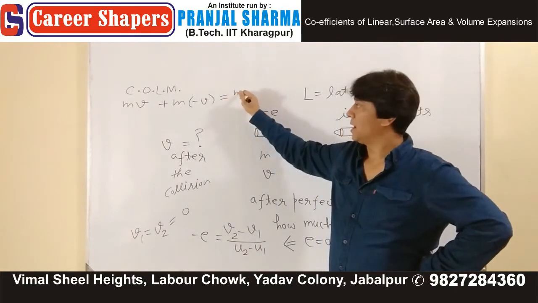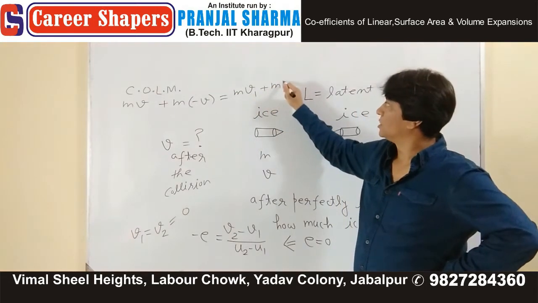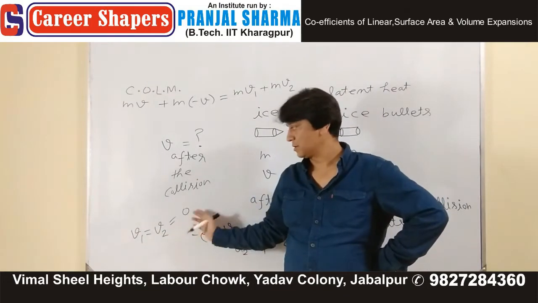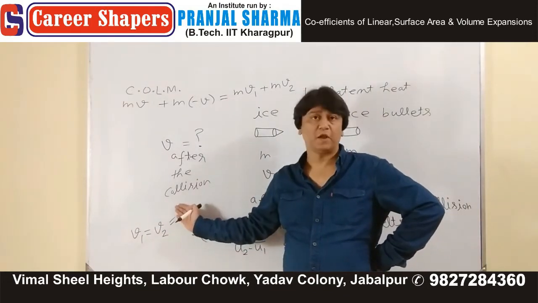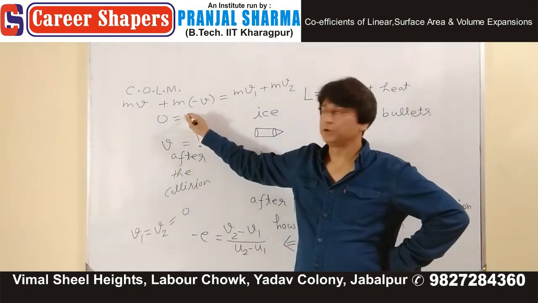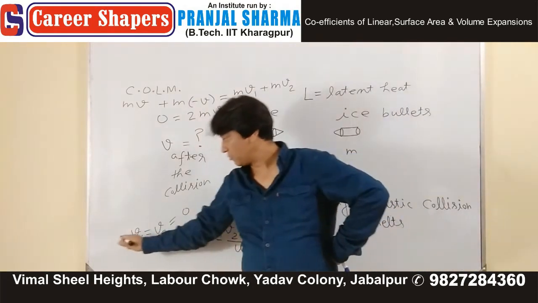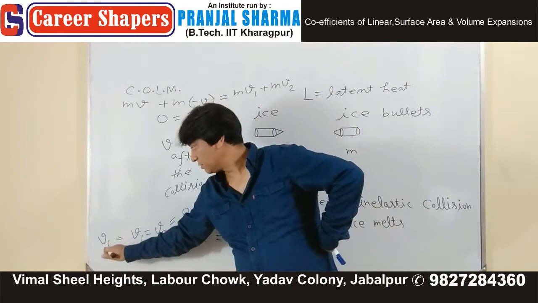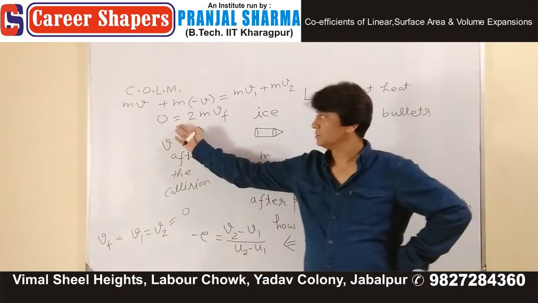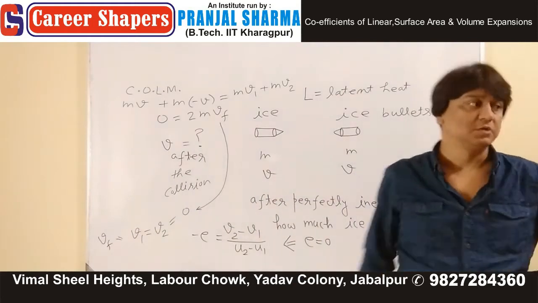Finally, one m is moving with V1 and the other m with V2, but V1 and V2 are the same. So the initial part is 0, and it gives you 2m V final. With V1 equal to V2, this is V final, and that means V final comes out to be 0.